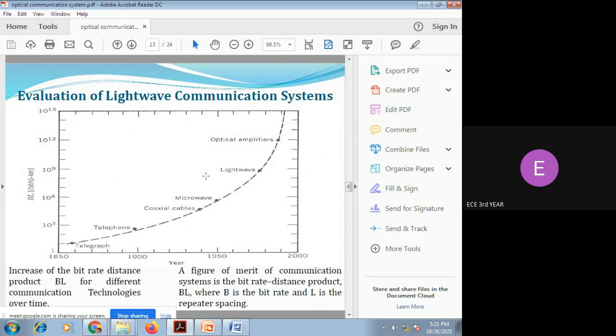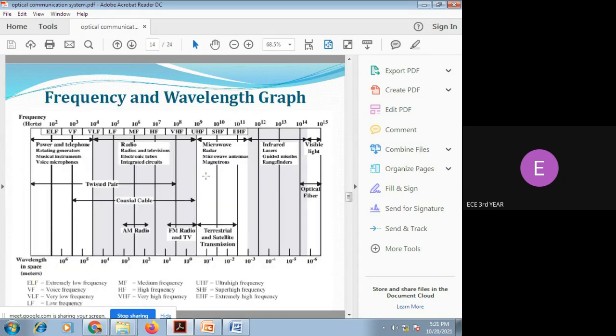After 1900, the coaxial cable came out. After 1950, microwave communication was developed, and also lightwave communications. Around after 1950, optical communications were developed. This is the chart for the frequency and wavelength graph.